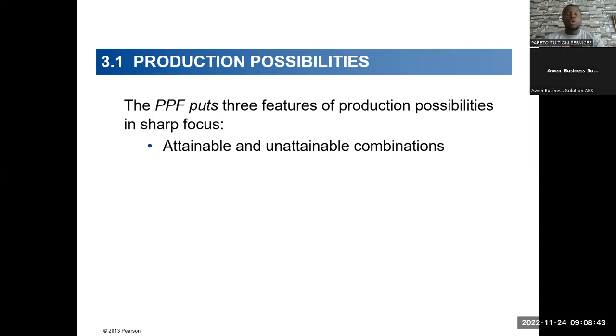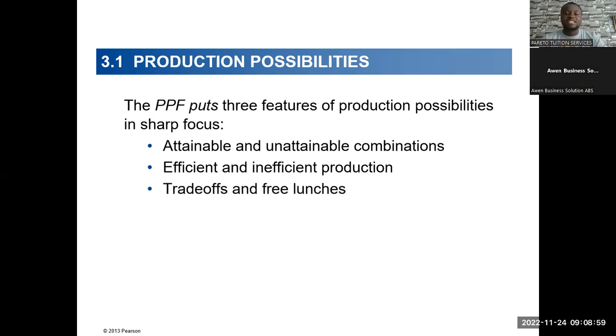And then it also shows production efficiency. Okay, it is able to tell us whether the current level of production is efficient or is inefficient. We will also look at that. And it also talks about trade-offs and free lunches. Okay, trade-off is an exchange, as we saw from the first lecture.